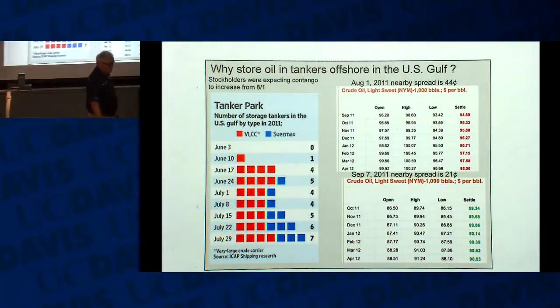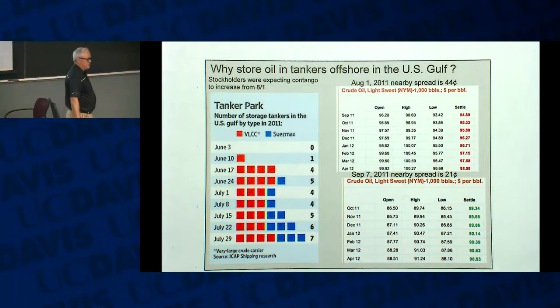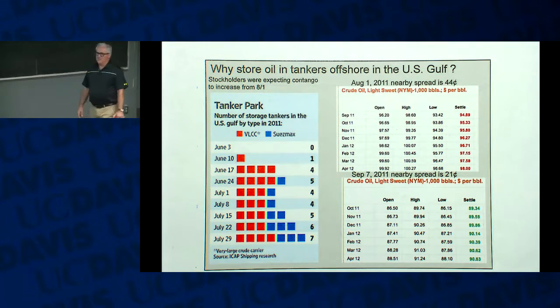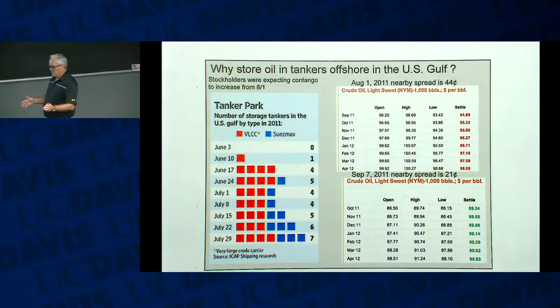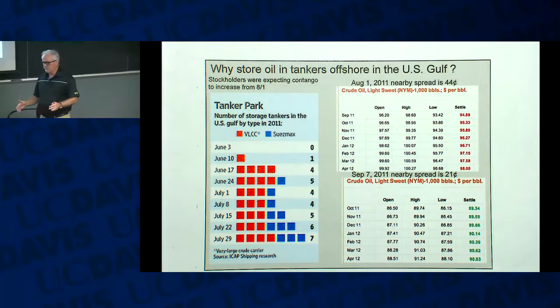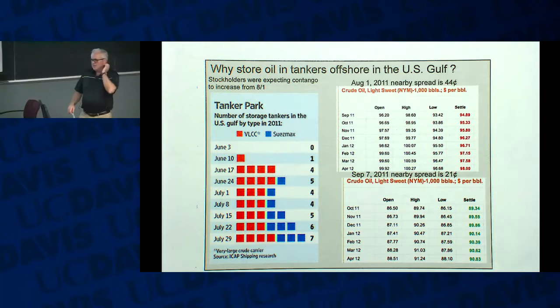we talk about storage. We talk about the storage tanks down in Cushing, Oklahoma. The storage in the North Sea. But it's also the case that these large super tankers that carry oil from A to B, right? They carry oil from Venezuela to America or from the Middle East to China.